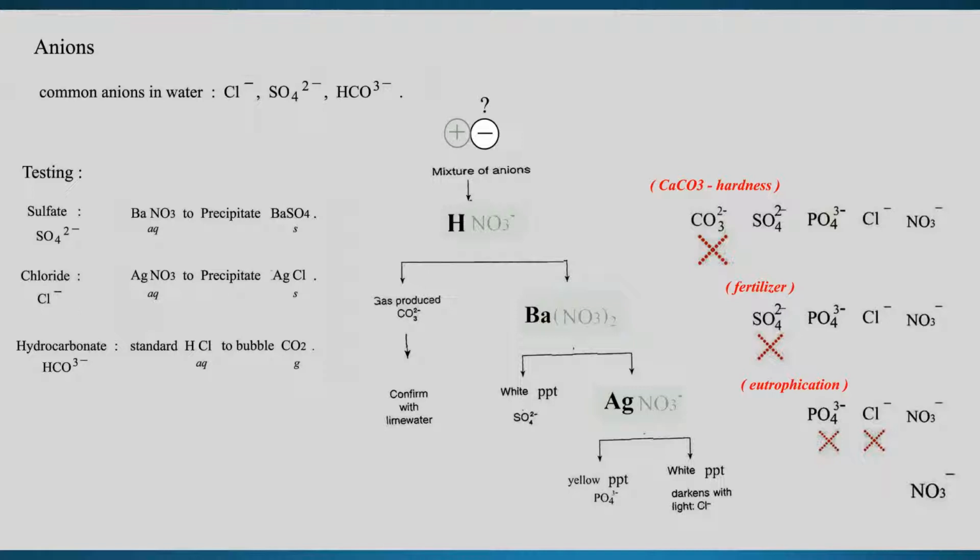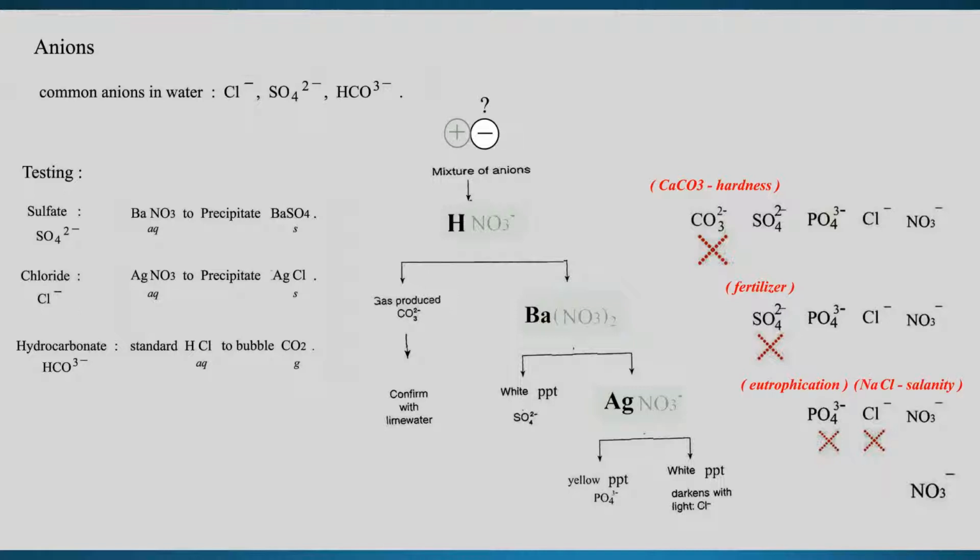Phosphate. This is the one causing eutrophication. You use a soluble Ag. Do not confuse sulfate with phosphate. Phosphate causes eutrophication, not sulfate.